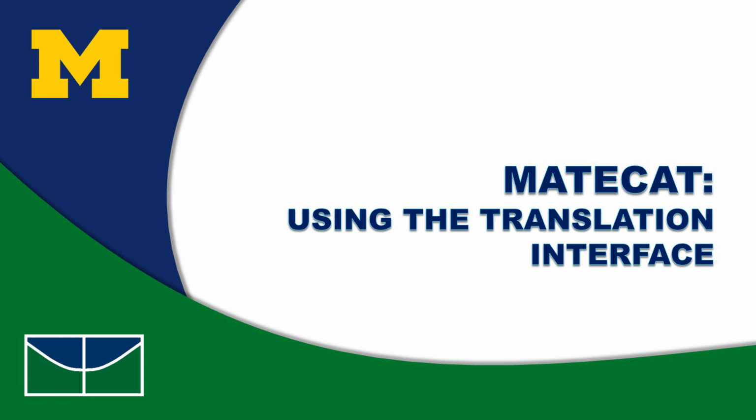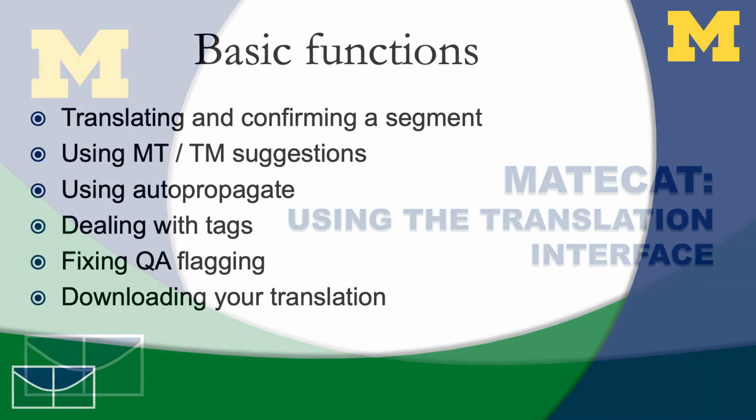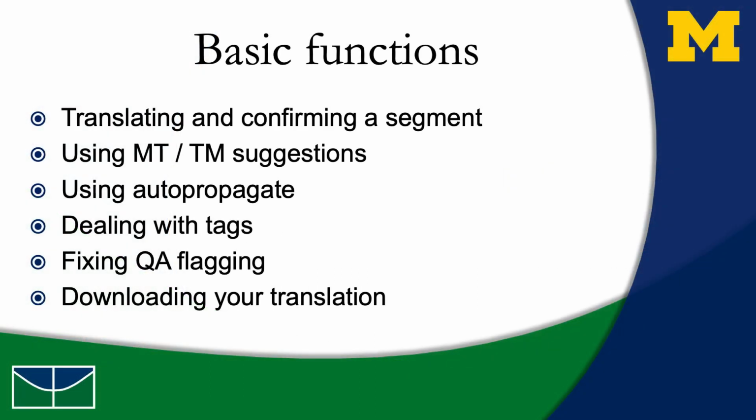So now that I've taught you how to create an account and to set up a translation project, let's have a look at this other interface that MateCat and most CAT tools have, the translation interface. We have seen in previous slides and videos in this series that CAT tools have some basic functions, and here are some of the functions that I'm going to show you on MateCat.